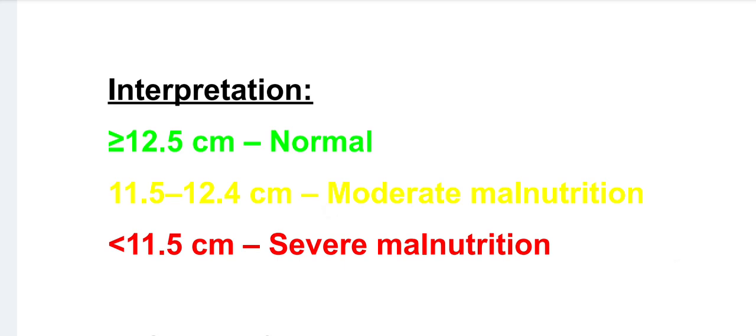When it is between 11.5 and 12.4, this is moderate malnutrition, meaning the child is malnourished but not that severe. When it is below 11.5, the child is severely malnourished and needs a nutritionist in their food plan to get back to health. So these are normal findings under MUAC, done at the mid-upper arm circumference.